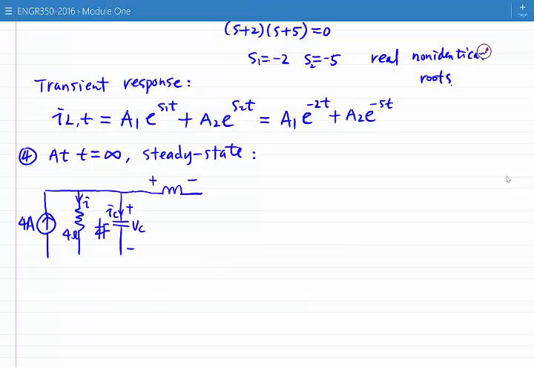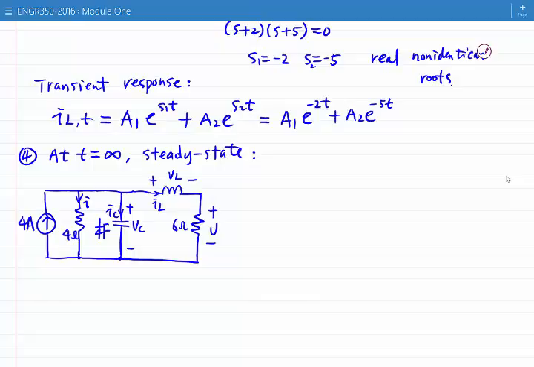The inductor voltage is VL, the current is IL, and I have another resistor, 6 ohm. The voltage is V. Because I was solving for IL for the transient response, now I want to find IL for the steady state response. That means when time goes by, the circuit comes to steady state again. So what is the steady state current IL?